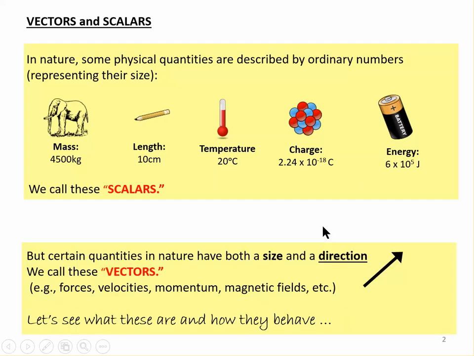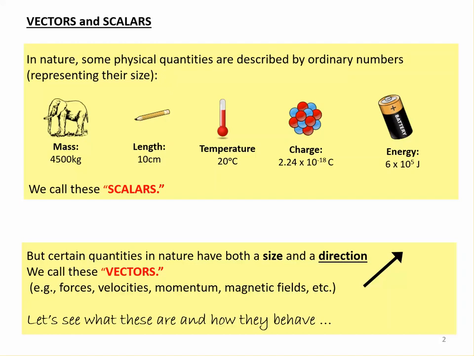However, certain quantities in nature have both a size and a direction, and we call these things vectors. Some examples of vectors are forces. For instance, if I push on you, it's not good enough for me to just say how hard I pushed on you, but I have to say the direction that I push you in order to fully specify the force.